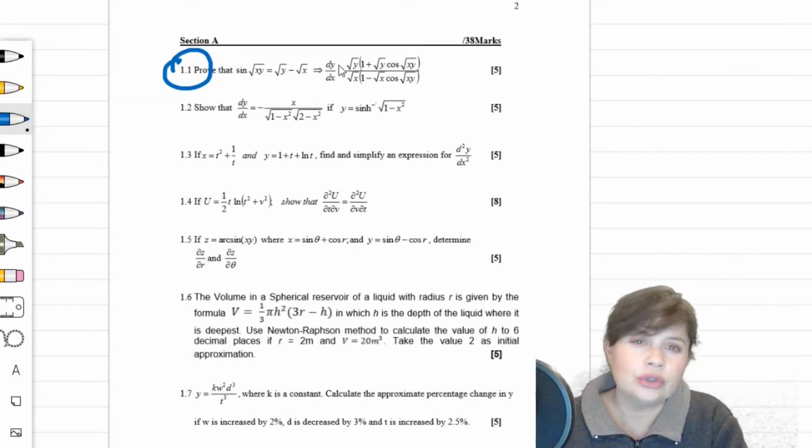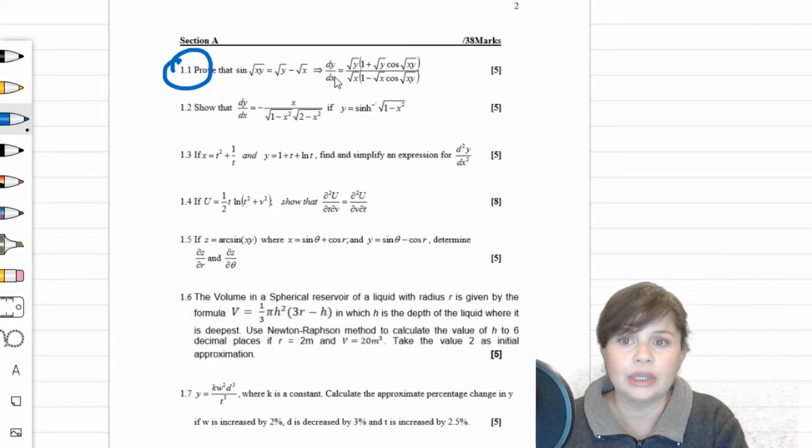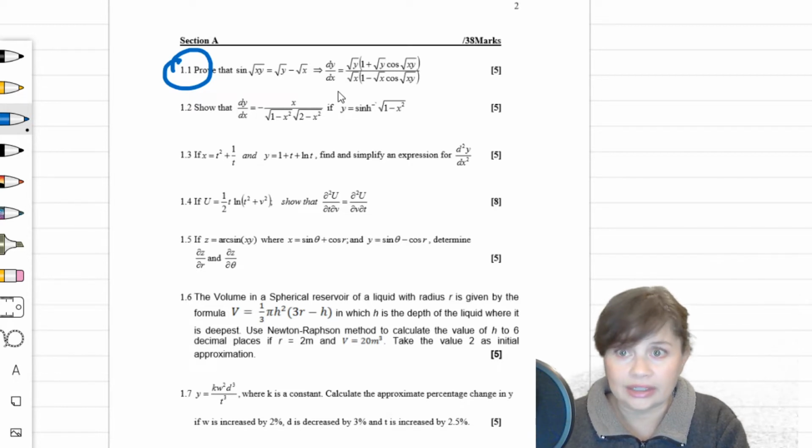You're working in x's and y's, so you assume that y is the dependent and x is the independent, because that's what you're used to. But when you move on to higher levels of mathematics, it's very important to know what that is, because you're not always going to be working in x and y. So this means you're going to be differentiating this function with respect to x.